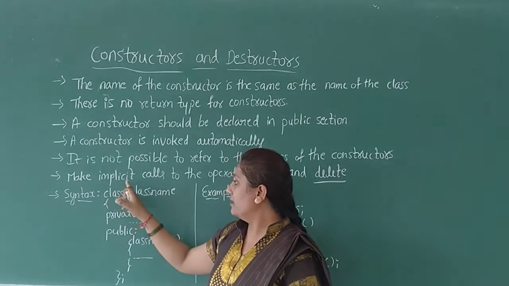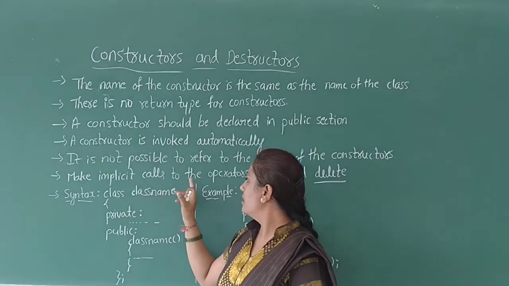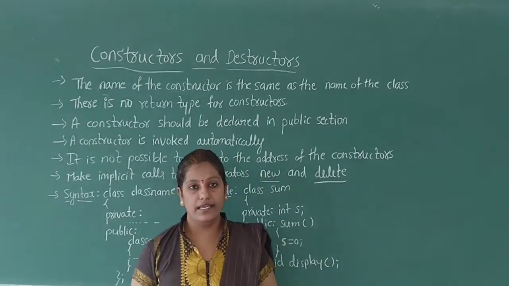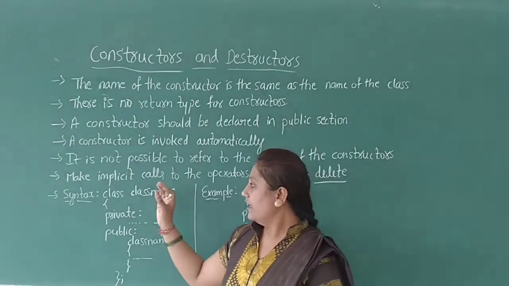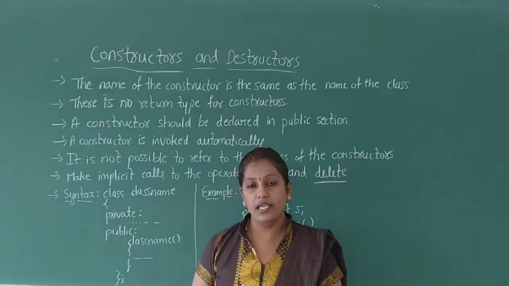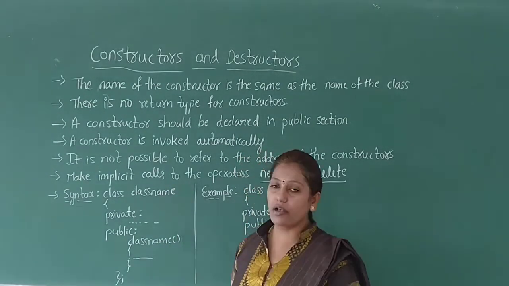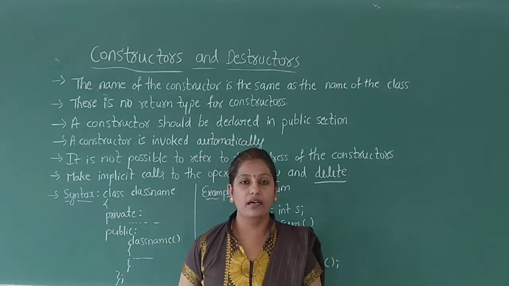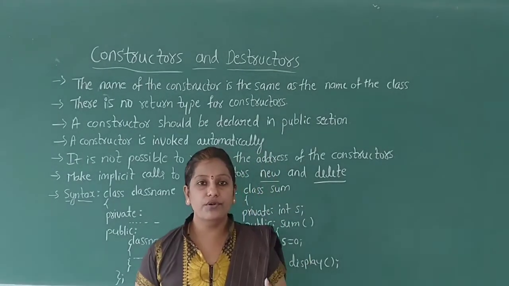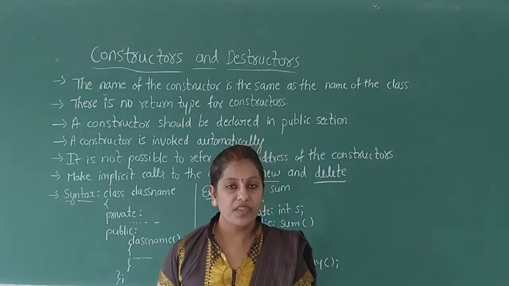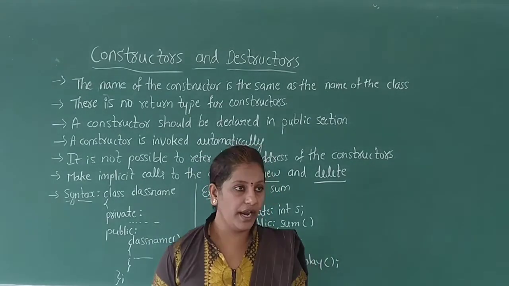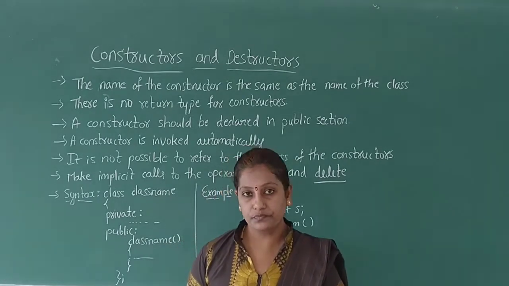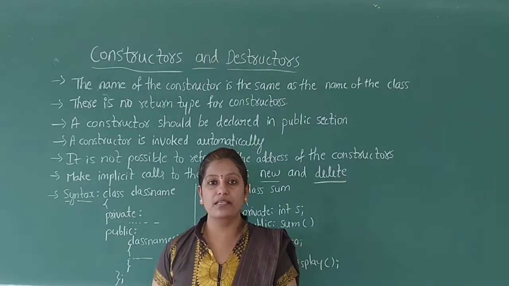The constructor makes implicit calls to the operators new and delete. The new operator is used to allocate memory when the user needs memory allocation, and the delete operator is used to deallocate the memory space.